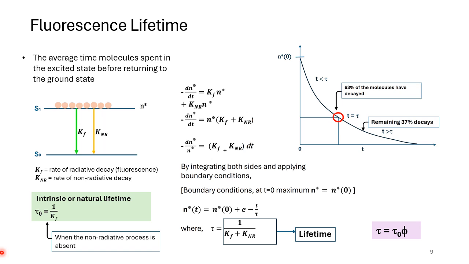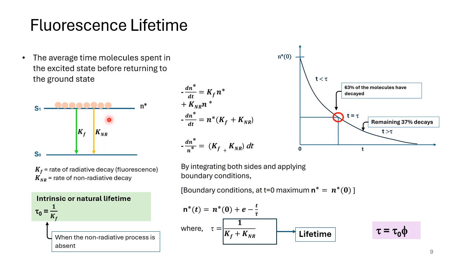So when light is absorbed, the molecule gets excited from the ground state to the lowest vibration level of the excited state, and here a population is created after absorption. Now we know that absorption is a very quick process, so this population is created very quickly or instantaneously.